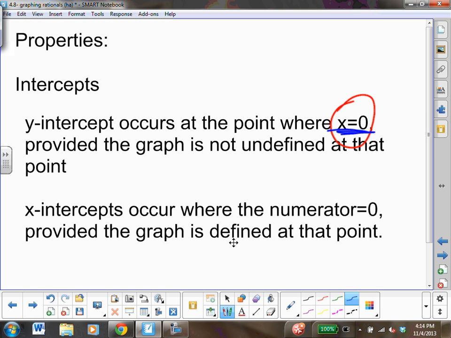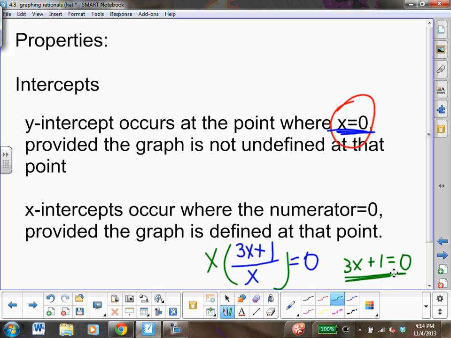So if we take a simple rational function, 3x plus 1 over x, to find the x-intercept, I set it equal to 0. So the first thing I would do would be to multiply by x to get rid of the fraction. So essentially, I really only care about where the numerator equals 0, provided that whatever number makes the numerator 0 also does not make the denominator 0.